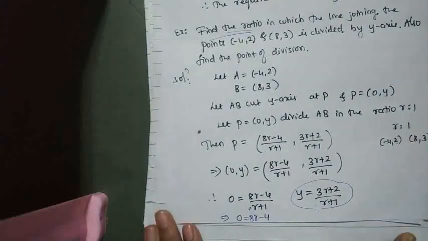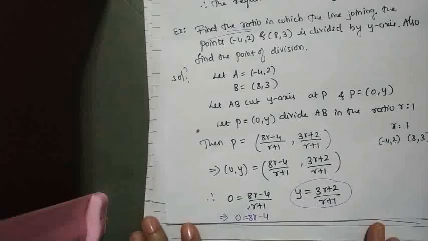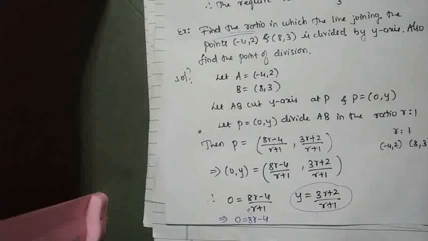Find the ratio in which the line joining two points (-4, 2) and (8, 3) is divided by the y-axis. Also find the point of division.